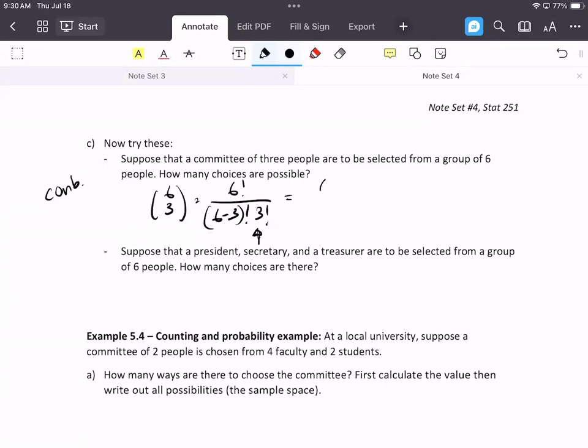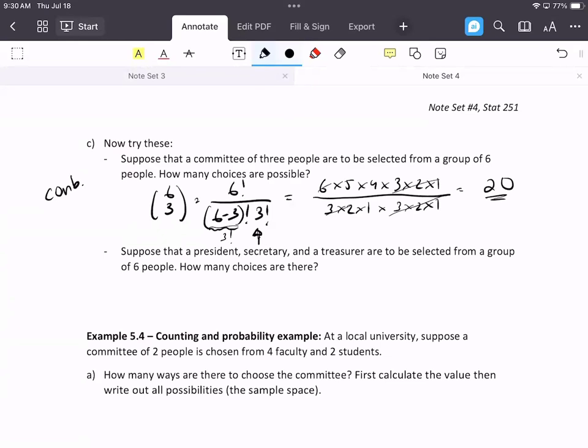So then I have 6 times 5, and I'm just going to write it out here. And this will be 3 factorial, and this will also be 3 factorial. 6 minus 3 is 3. Now, can I reduce this? Sure. And I end up with 20.